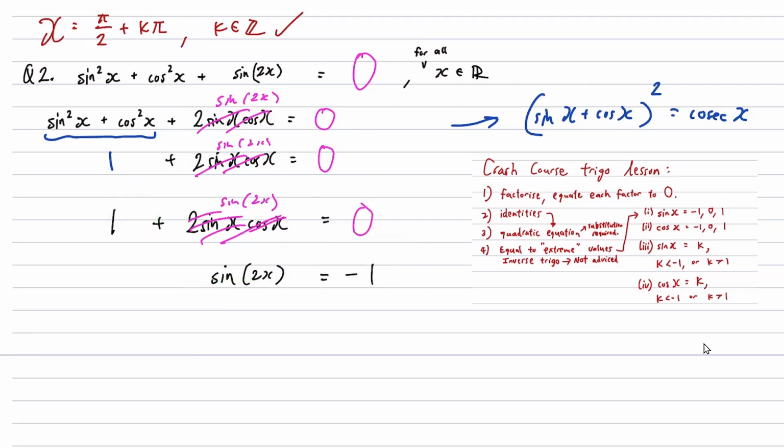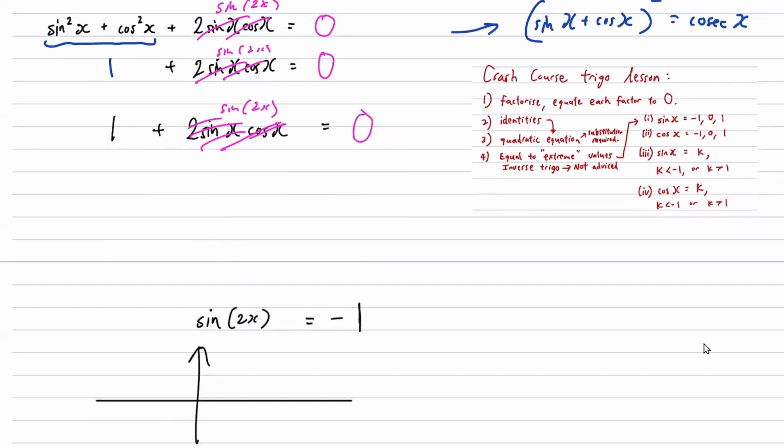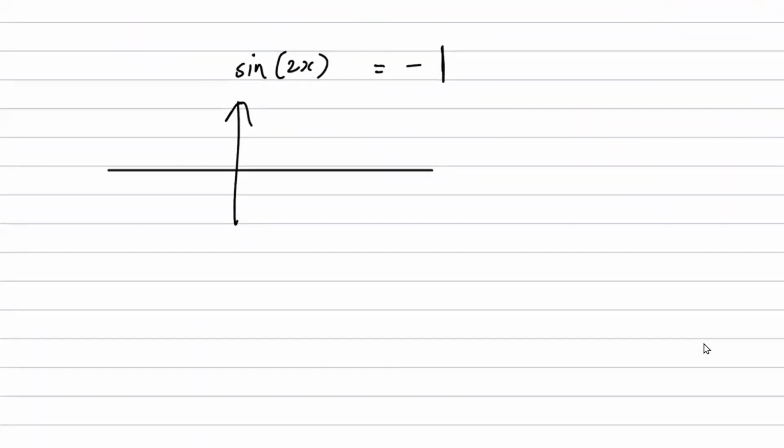Okay. How to solve this one? Can plot graph. Plot graph, exactly. So what we're going to do is we're going to plot the graph of sine x. Okay, let me just bring this down. Plot a graph.